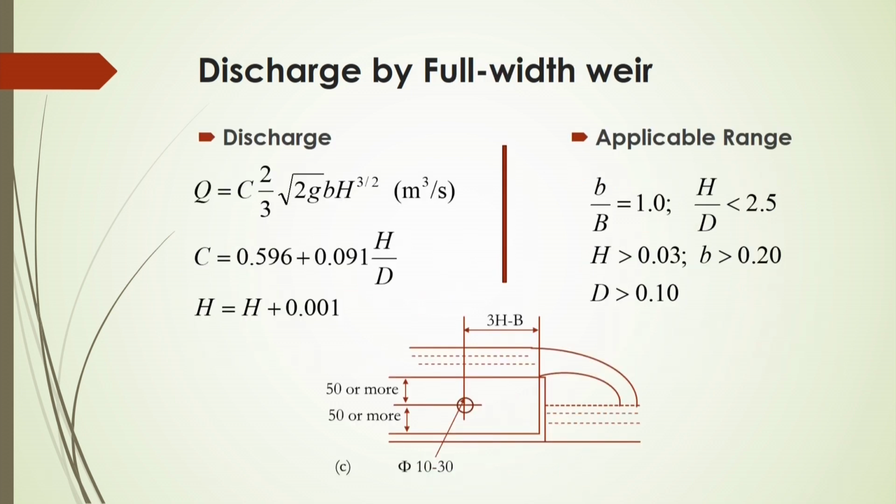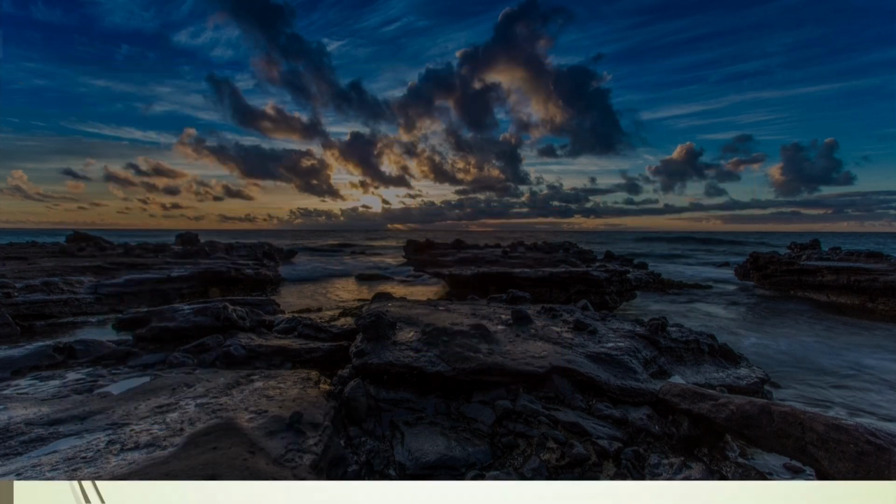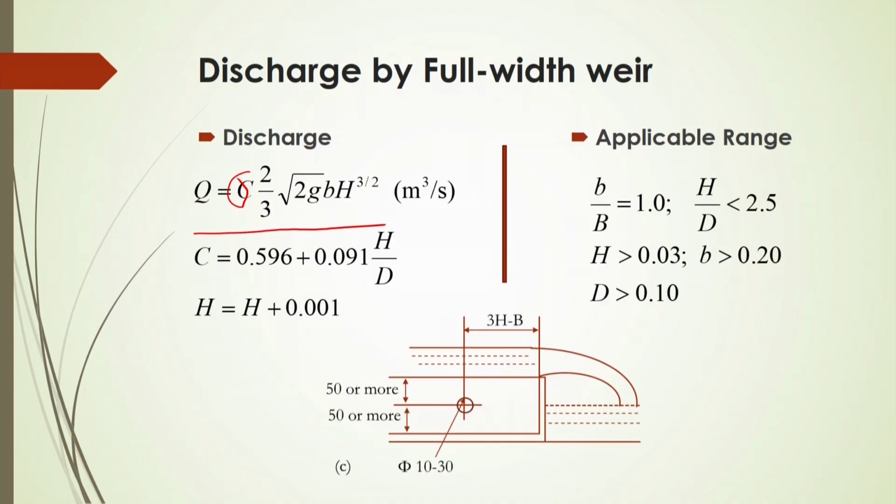And in the case of full-width weir, you can calculate or measure the discharge by this equation, and again here C is one constant, called the weir constant, and this weir constant you can get based on the geometry, that depends on H and D here. That H will be calculated by this equation, and finally, what will be the discharge, you can calculate from this equation.